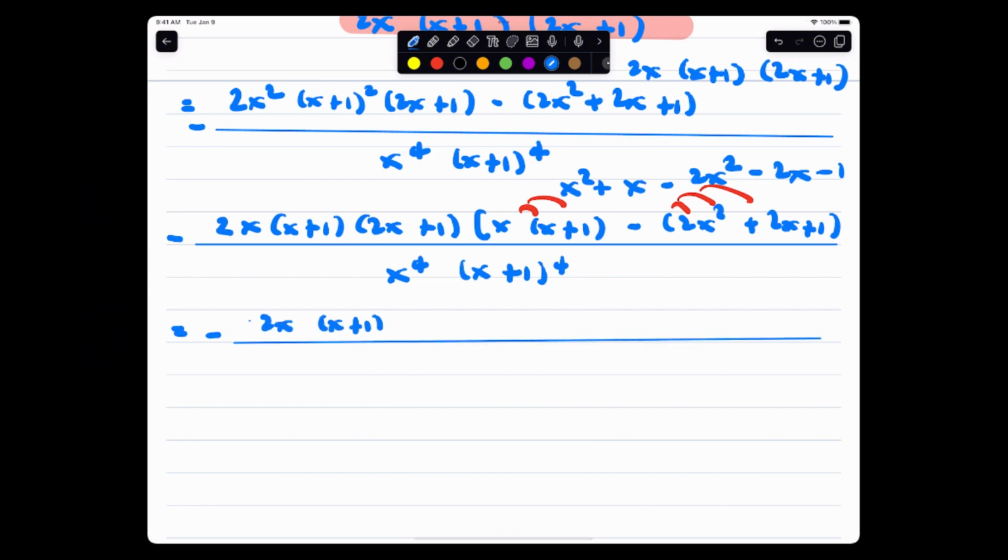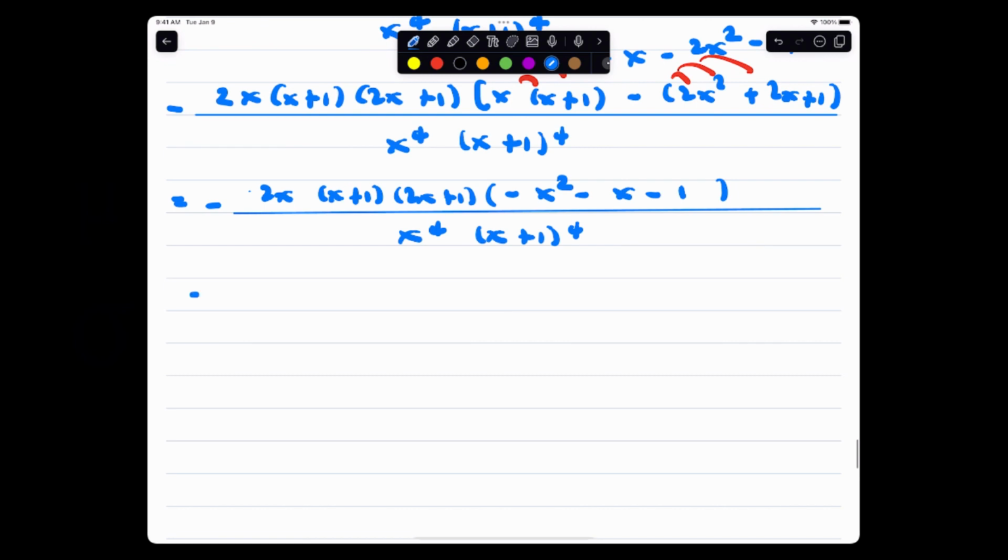So I'll get minus 2x, x plus 1, 2x plus 1 times, looks like that's going to be a negative what? Negative x squared minus x minus 1, over x to the fourth, (x plus 1) to the fourth. I can factor out a negative 1, and then that becomes positive.